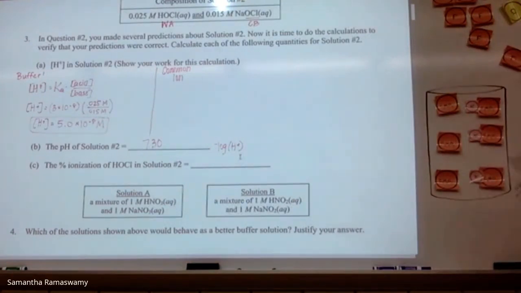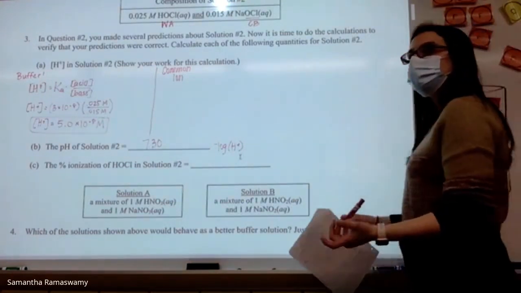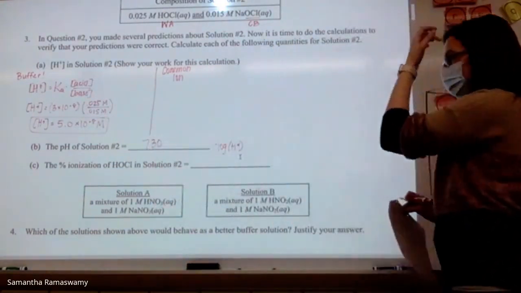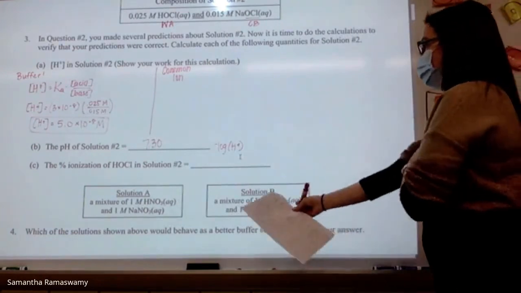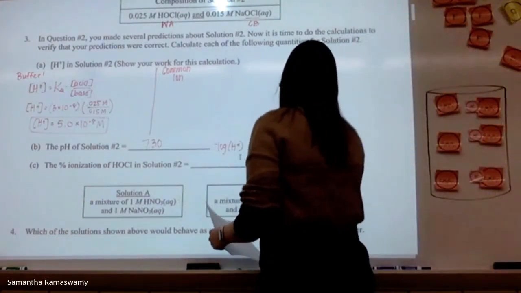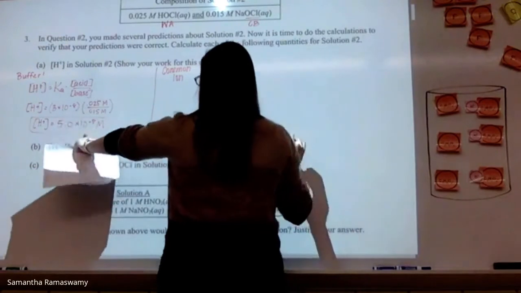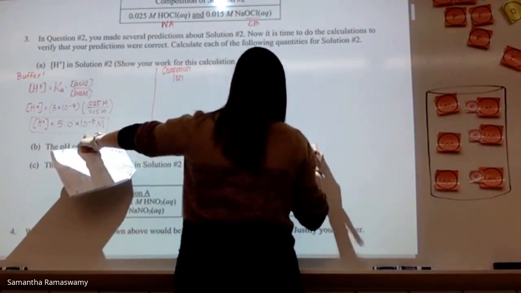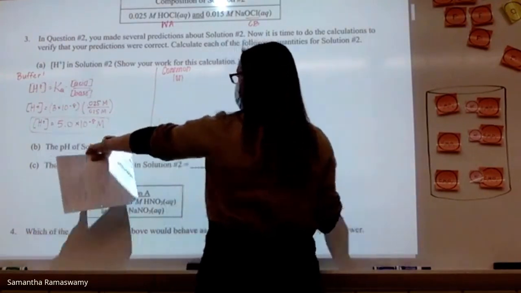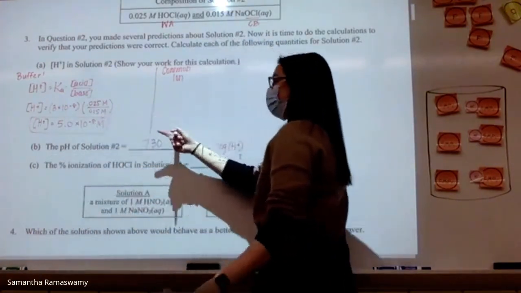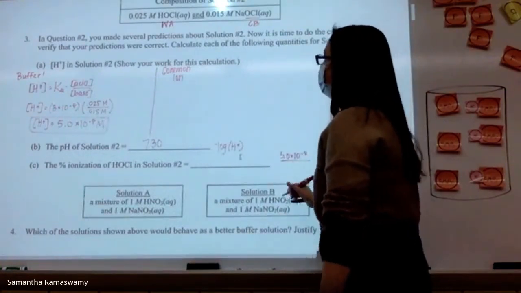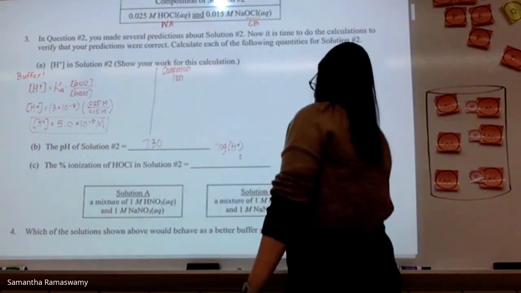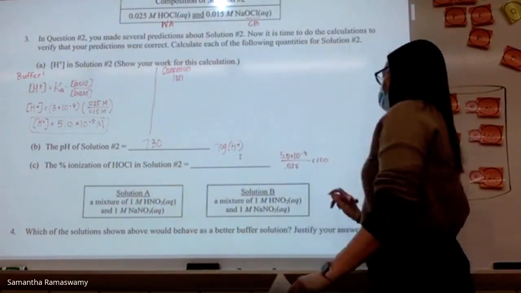So then percent ionization. Again, percent ionization is the H+ at equilibrium, so 5 times 10 to the negative 8, because what we find in the buffer is also at equilibrium, divided by the initial concentration of the acid, times 100. 5e negative 8 divided by 0.025 times 100.